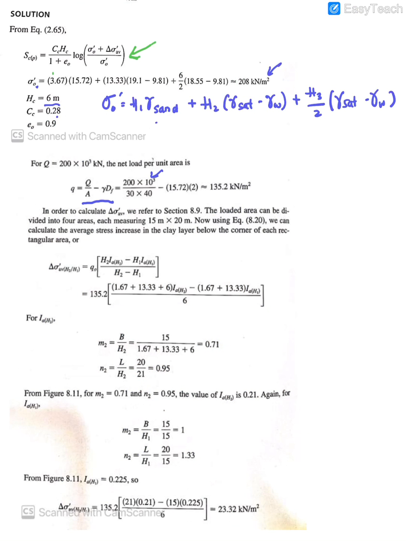You solve this and get the net load per unit area approximately equal to 135.2 kilonewton per meter square.